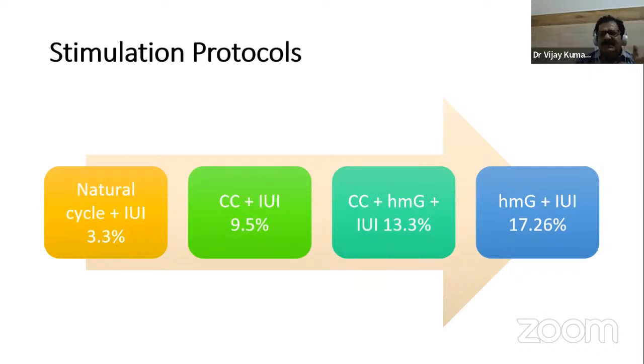But in common clinical practice, it's very appropriate that we use both the clomiphene citrate and the HMG for the development of the Graafian follicle, but in a lesser dosage, and for minimal days, so that it becomes cost effective, and even we can match the success rate with that of the only HMG cycles.